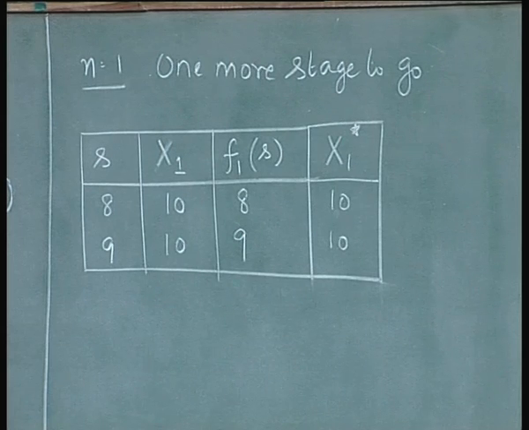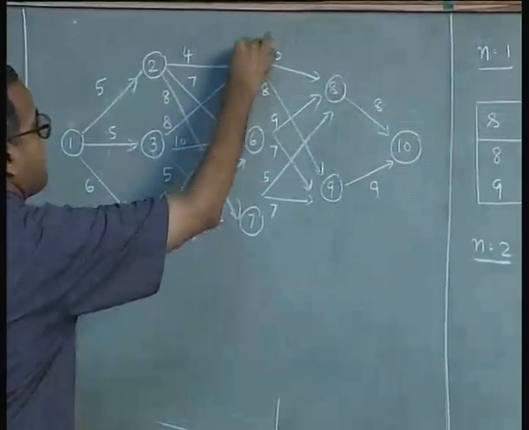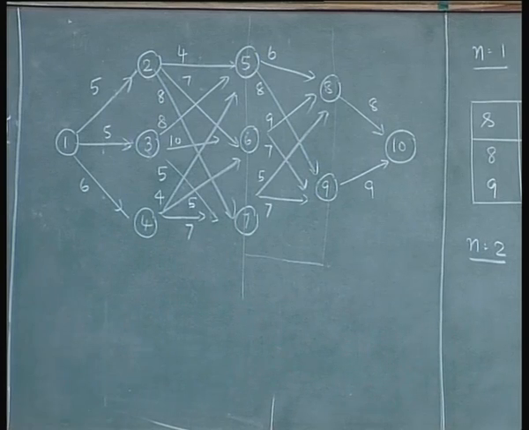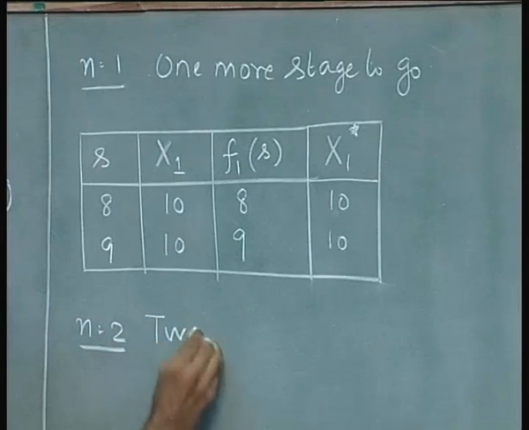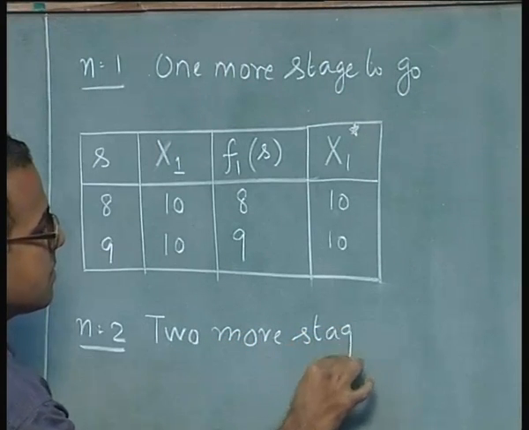Now when we have n equal to 2, 2 more stages to go, which means we are, say, somewhere here. Now this is one stage, this is another stage. So there are 2 more stages to go. Now you will realize that there are more alternatives than one.